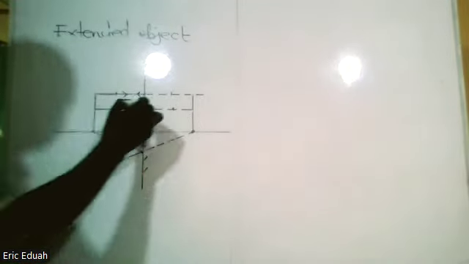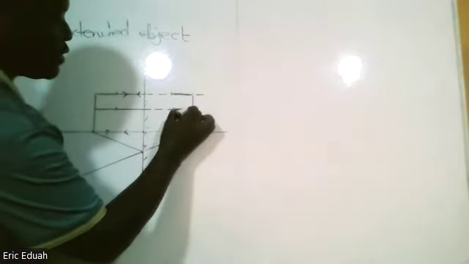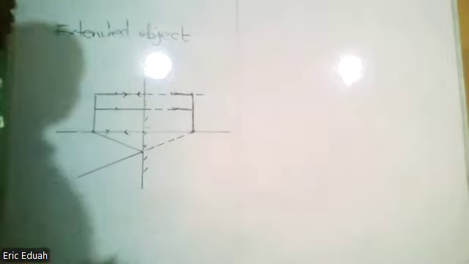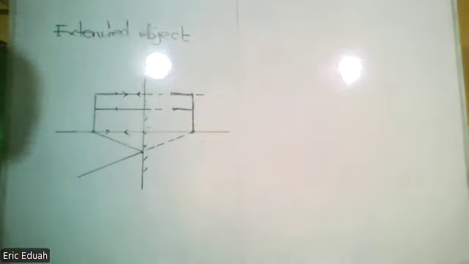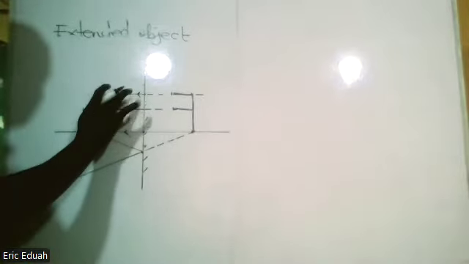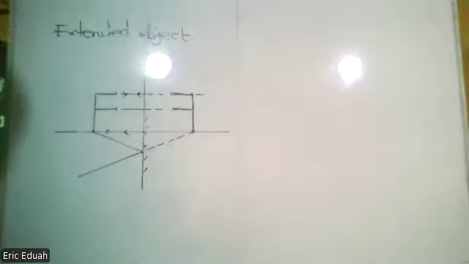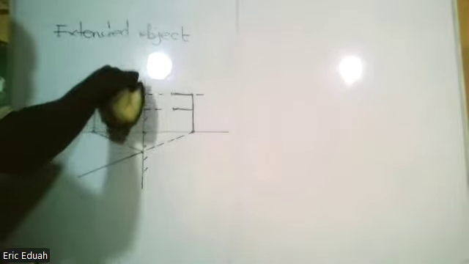Now look at it. We have the letter F, which is laterally inverted. Or let me even clear the rays for you to see.